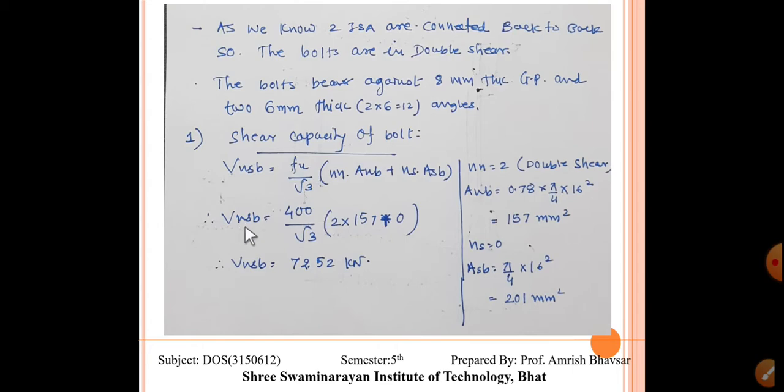Now Vnsb is equal to 400 by root 3, Nn is 2 into 157 plus 0. That's why Vnsb is equal to 72.52 kilonewton.